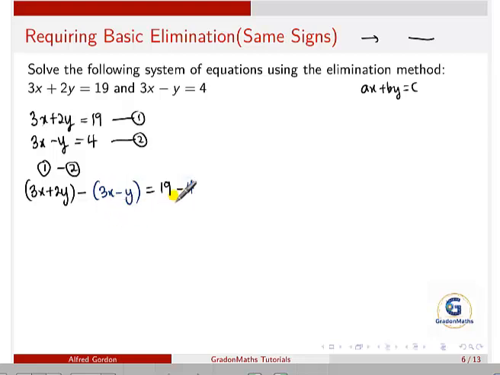I have intentionally used a different color so that we see what we are doing here. The order should be the same: equation 1 minus equation 2 at the left side, equation 1 minus equation 2 at the right side.